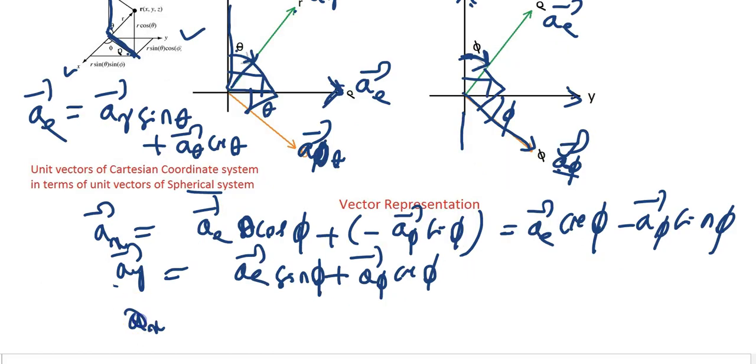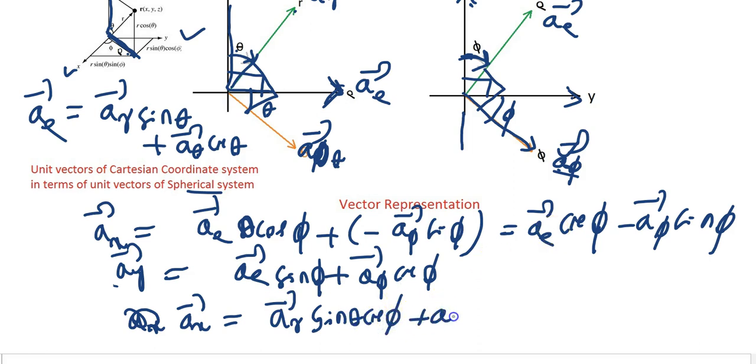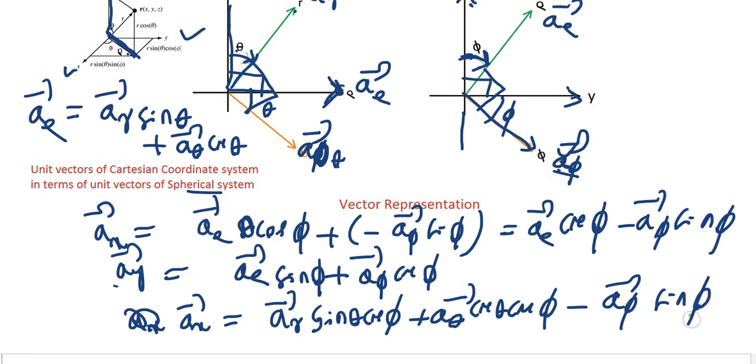So now AX becomes A rho. In place of A rho you put this. So AR sin theta cos phi plus A theta cos theta cos phi, then this one minus A phi sin phi.